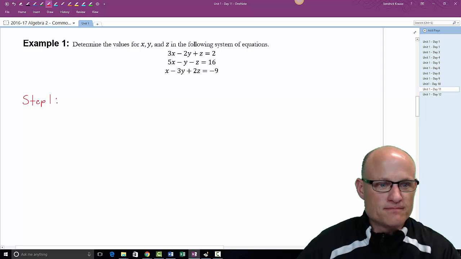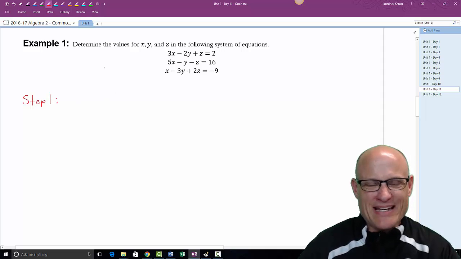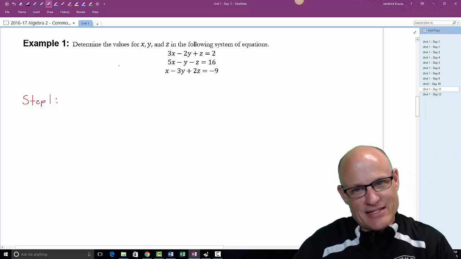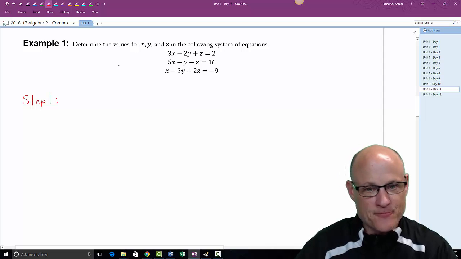Step 1. Because the only way to do this is sort of a combination between the substitution method and the elimination method.